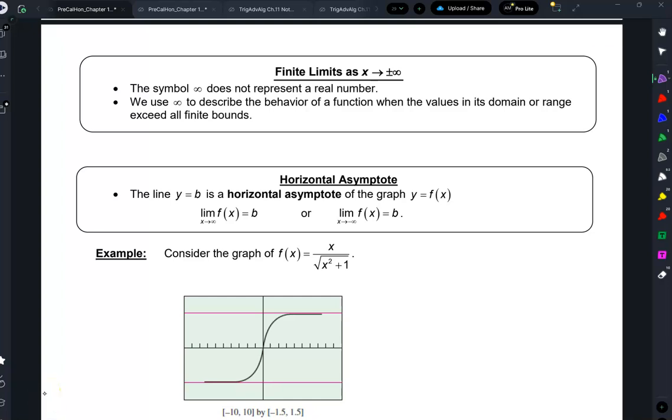Right. So it's important to understand that infinity is not a real number, right? You can't get into a spaceship, fly somewhere and be like, I'm at infinity, right? That doesn't happen.